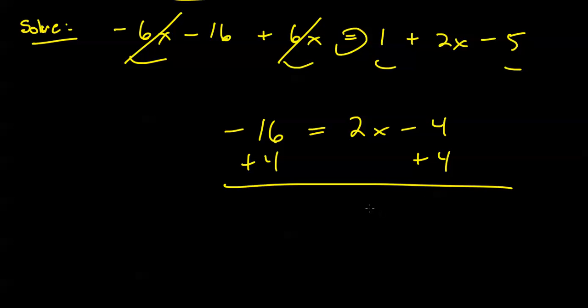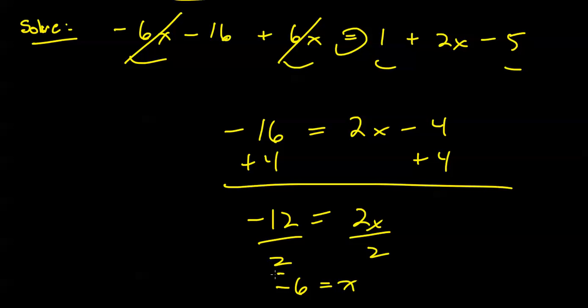And the goal is to do that while isolating x on one side of the equality and get a number or evaluate on the other. So 2x equals, on the left, minus 6 plus 4 is minus 12. And of course, dividing both sides by 2, I get x equals minus 6 as my final answer.